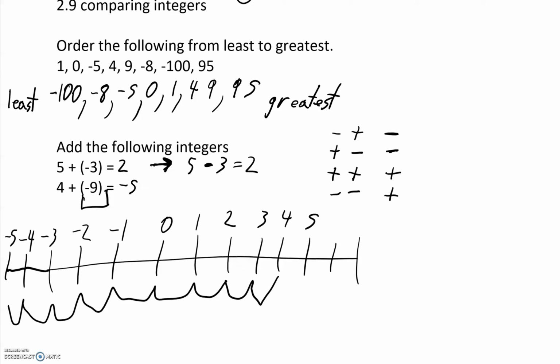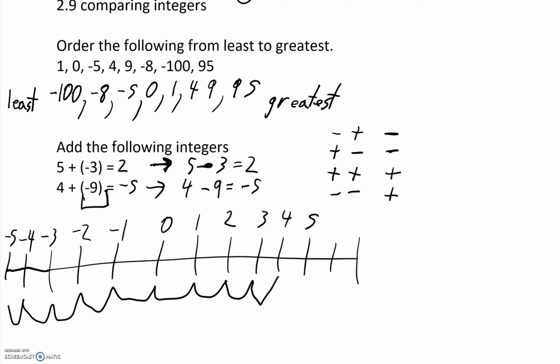Okay, so this answer would be negative 5. Another way to show it is 4 minus 9. But this is kind of weird. You can't take away 9 from 4. There aren't enough. But there are enough now that you've heard about integers. All you have to do is keep going further down. So it's negative 5.